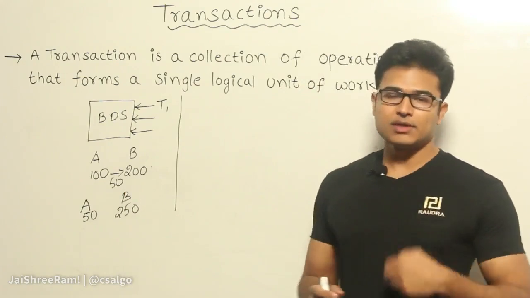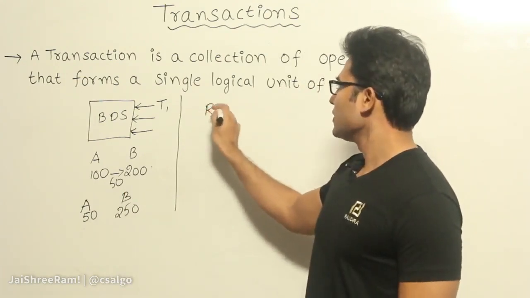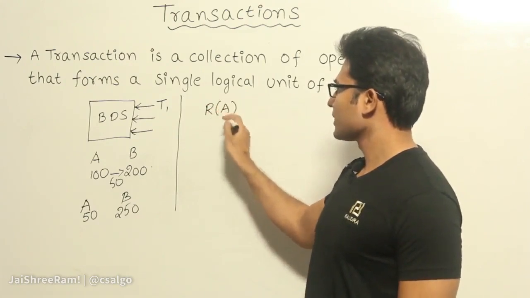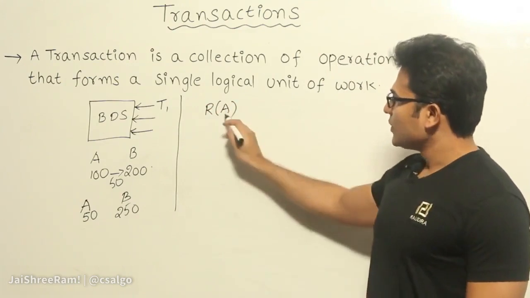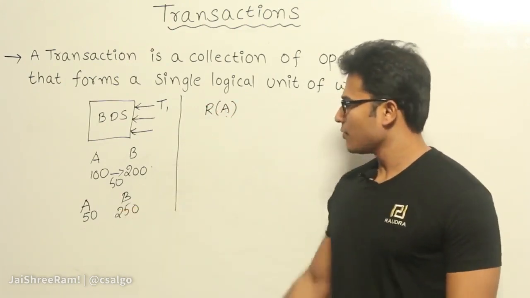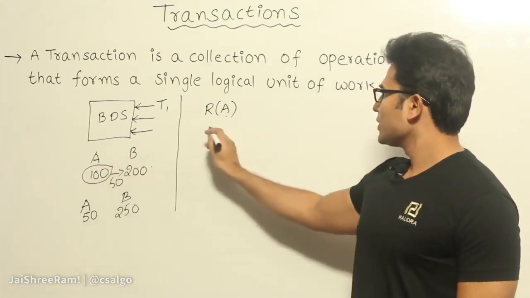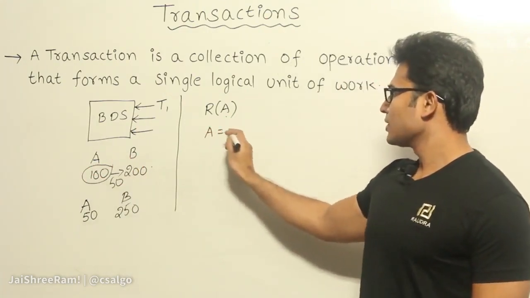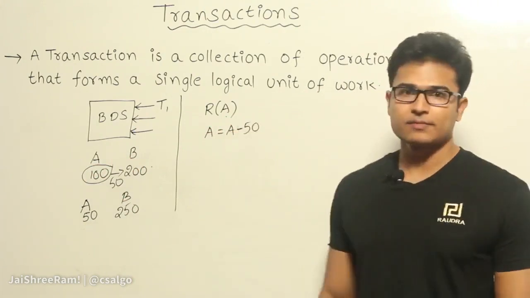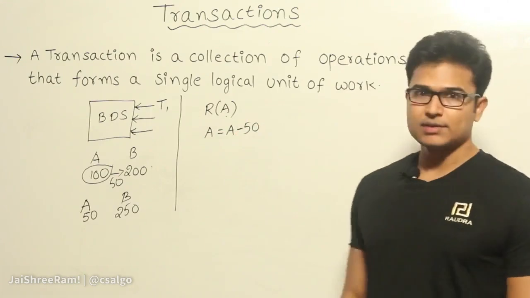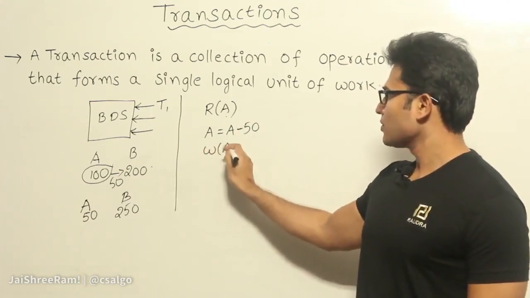First you are supposed to read the data from the database, so read the account balance of A. Now by doing this, we can see that the balance of A is 100, and after that you are supposed to decrement A by 50 because 50 rupees is what you are trying to transfer. And after doing this, you write the balance of A back.